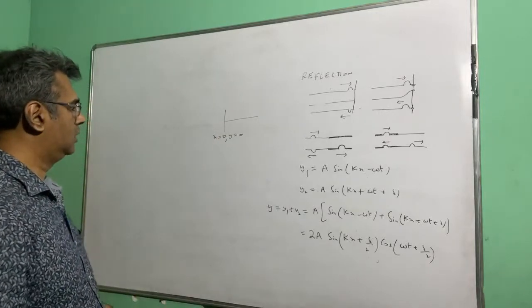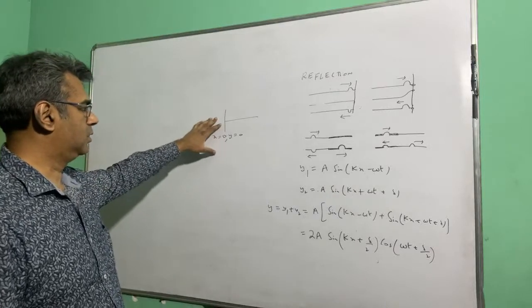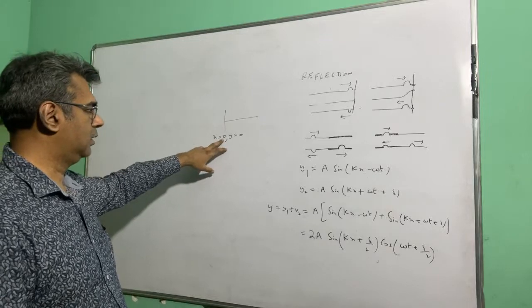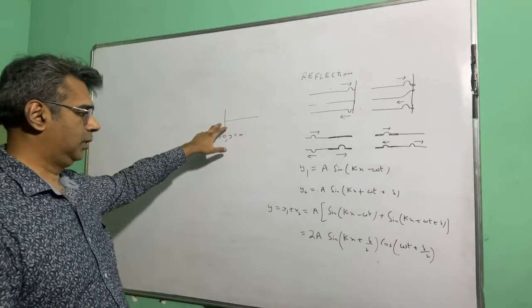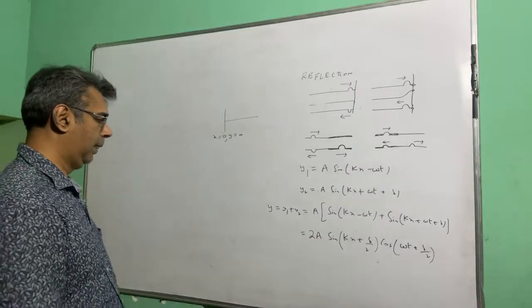Okay, now suppose we are talking about a string and this is the fixed end of the string. So at the fixed end of the string the position is 0 and the displacement will be 0 because it is fixed. So x will be 0 and y will also be 0.